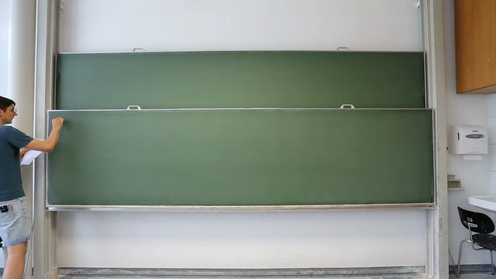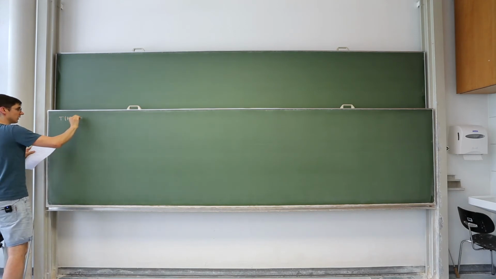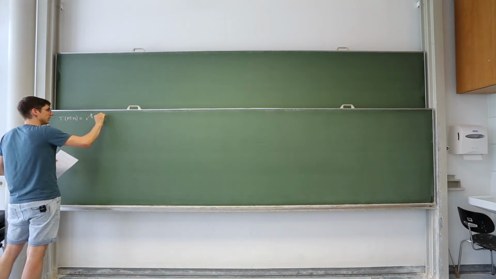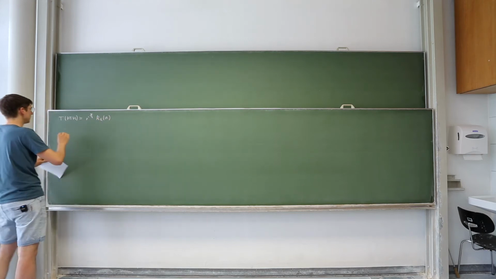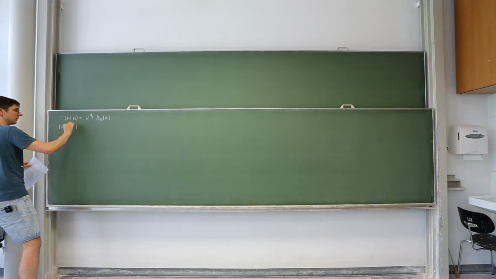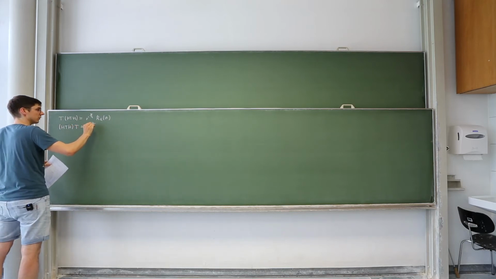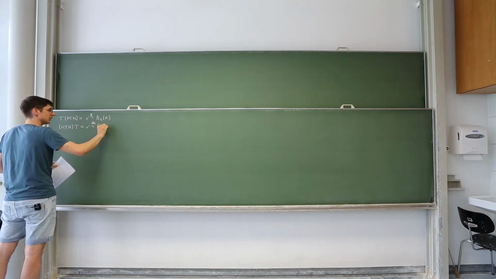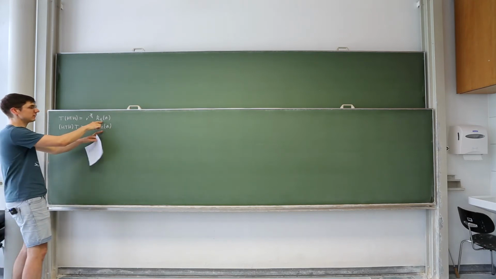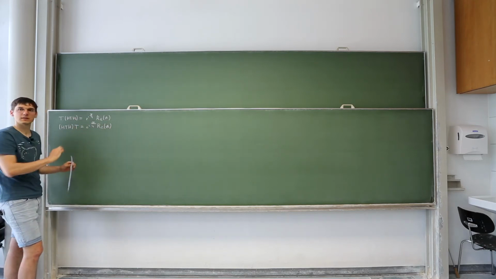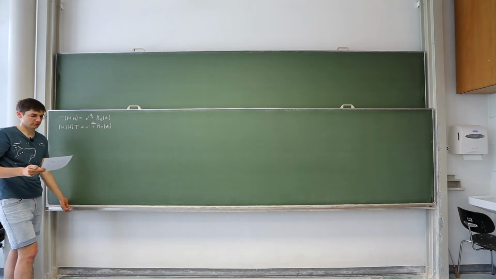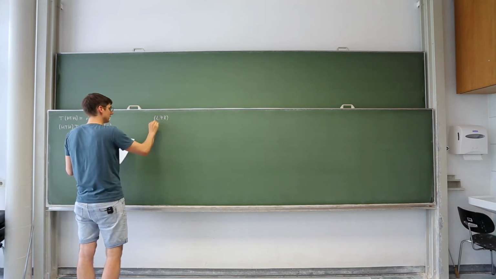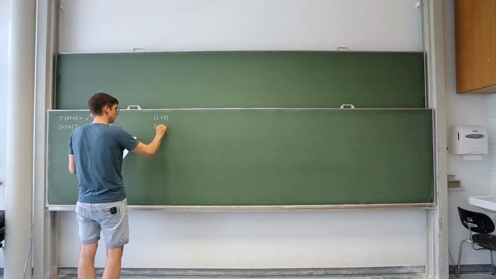So we found that TH gives e to the I pi over 4 rotation by an angle theta about n, and HTHT gives e to the I pi over 4 rotation by the angle theta about m, with m and n non-parallel, and theta being an irrational multiple of 2 pi. Okay, so this was equation 278, and this was equation 281.